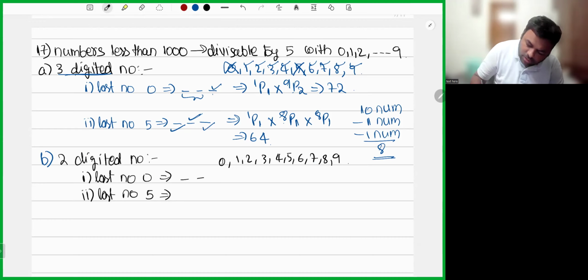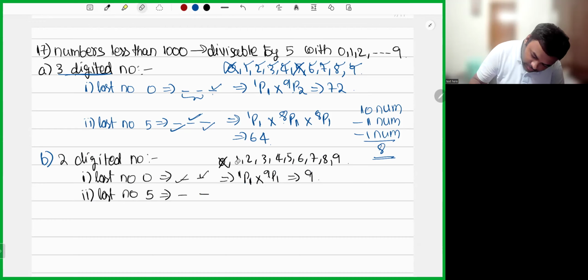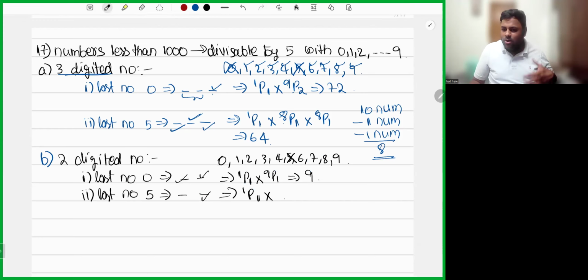Now last number 0. Take this number and place here, 1P1 place. 9 numbers can be arranged in 9P1 ways. Now last number 5. Take this 5 and place here, 1P1 place. Now 0 can obviously not be placed in the first place. So 1, 2, 3, 4, 5, 6, 7, 8, 8P1.